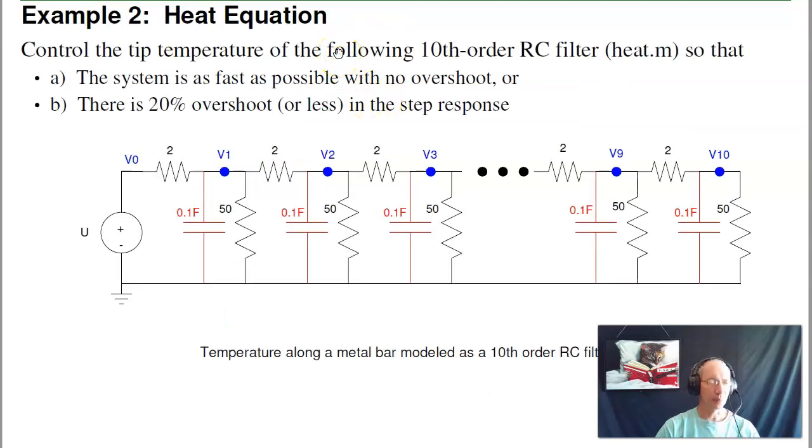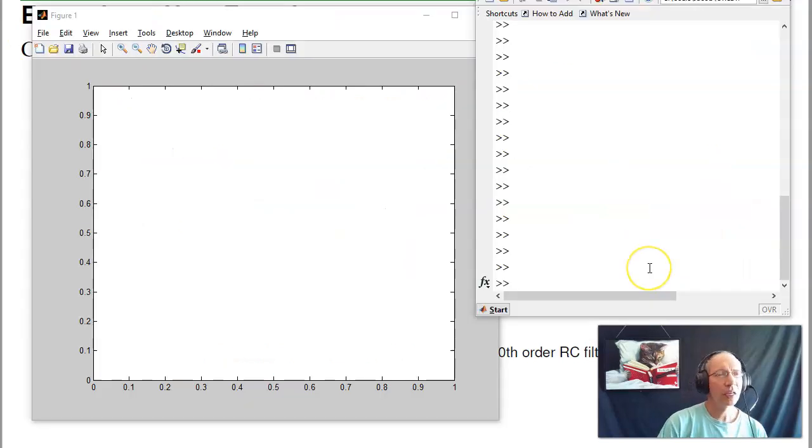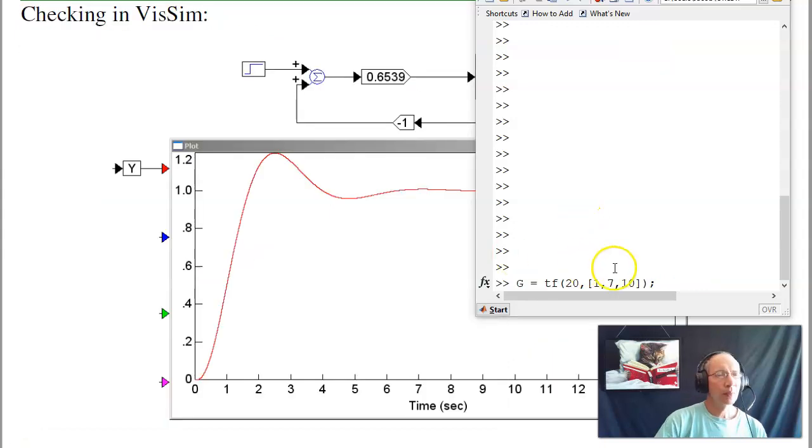Second example. And let me show you a quick way to do that in MATLAB. I input my system G, and to draw the root locus, let's guess K. What that really tells me is that I don't know what K should be.